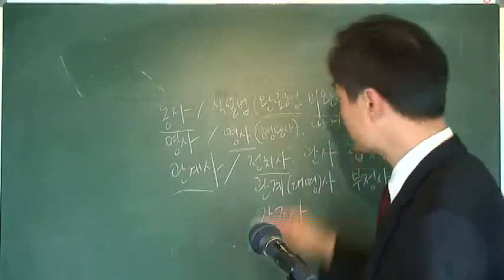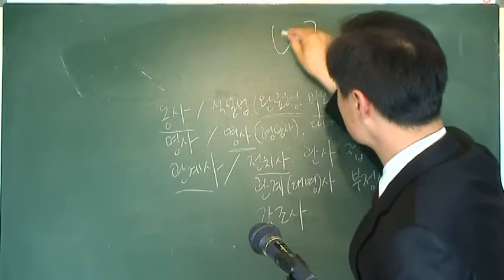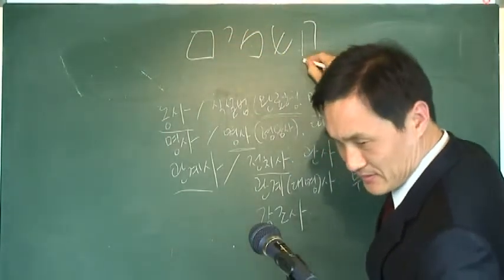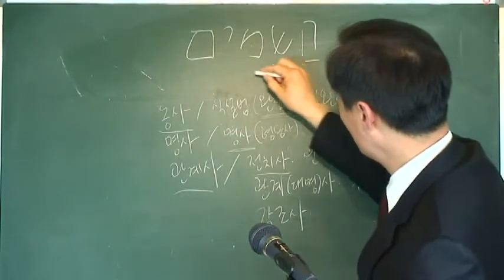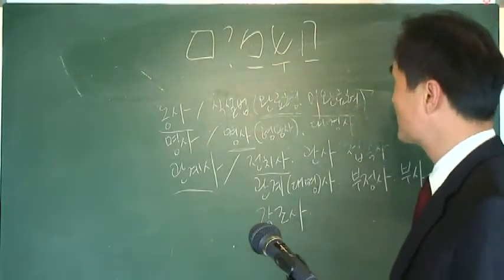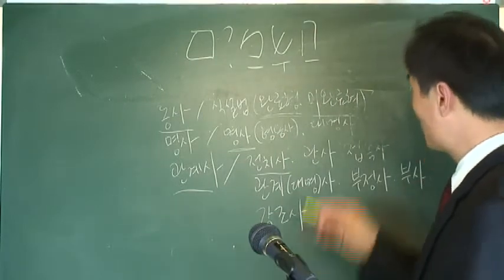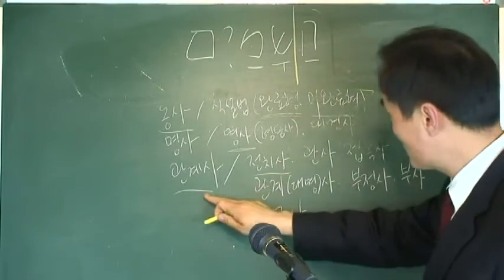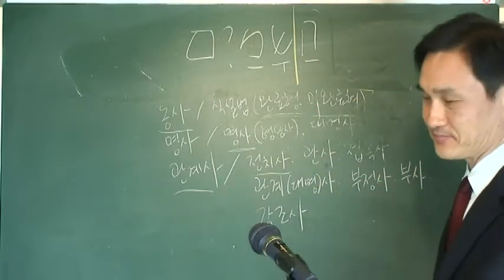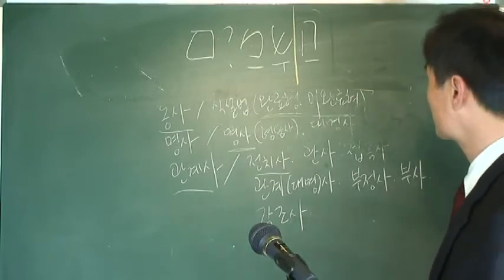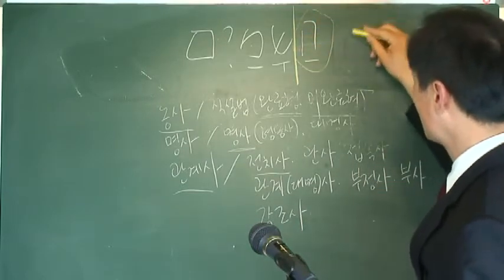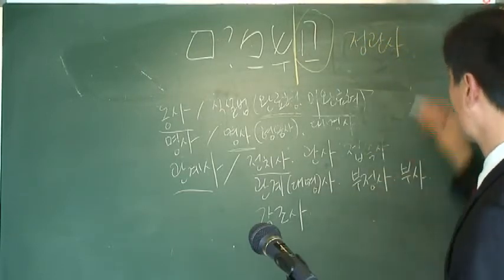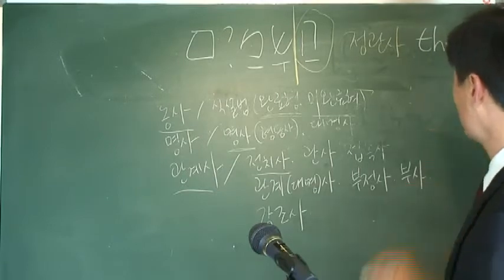Next, hashamayim. First, we have the word ha, and ha is an article. We call this the definite article.